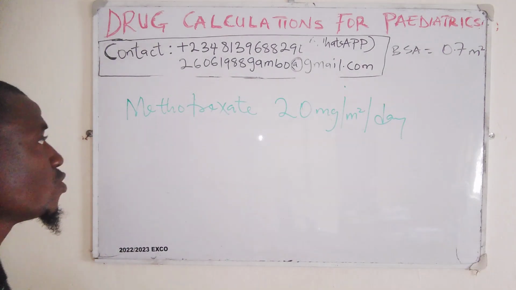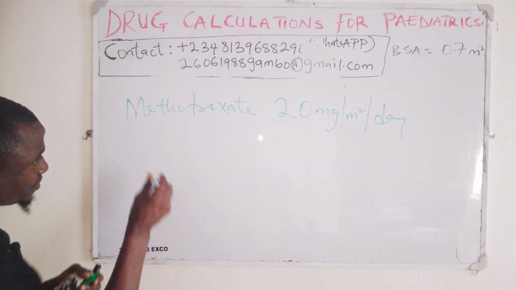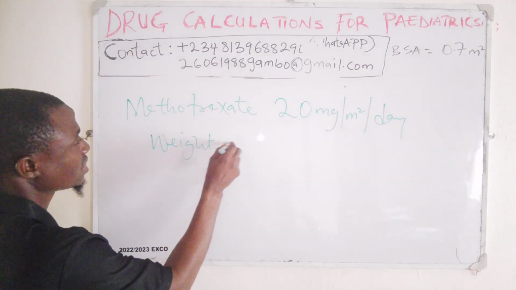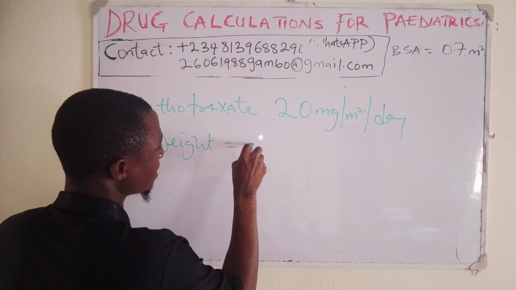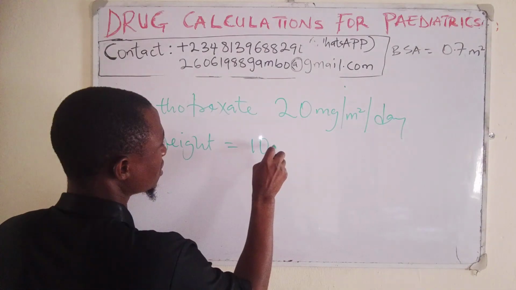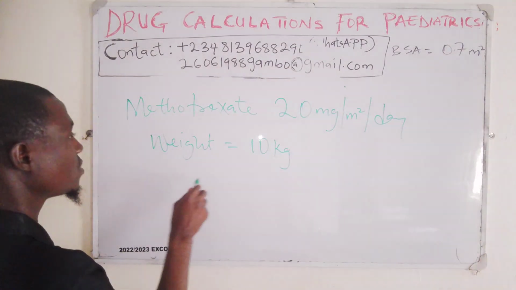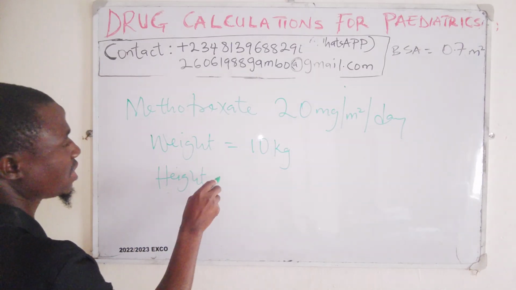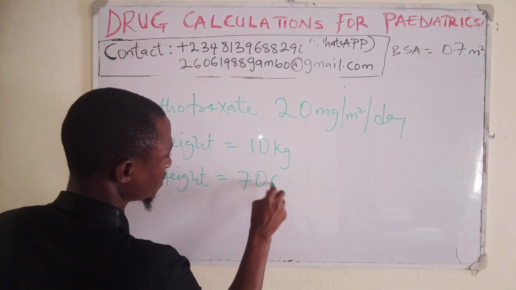So calculate the dose that you are going to administer to a child whose weight is 10 kilograms and height is 70 centimeters.